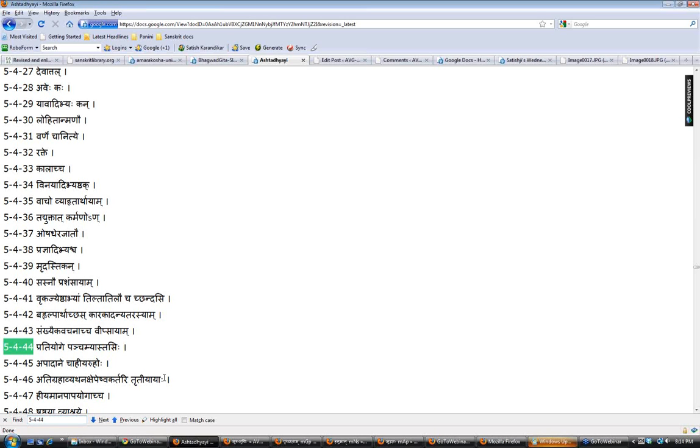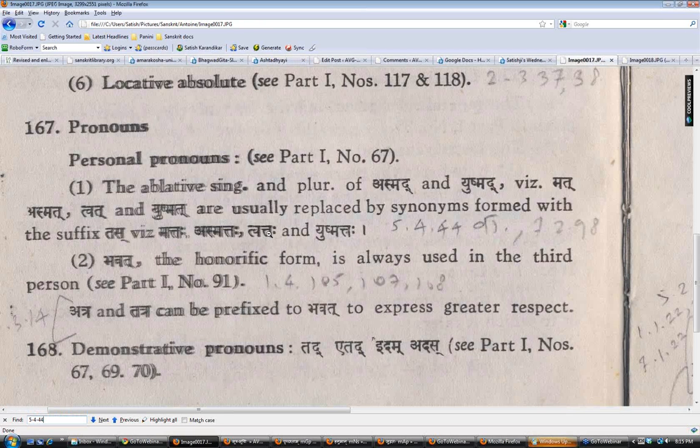How would you justify this tas coming over here, because they are not kim sarvanama or bahu? Let's look at 5444, 45. This is what we are going to need to justify the forms mattaha and tvattaha, asmattaha and yushmattaha.